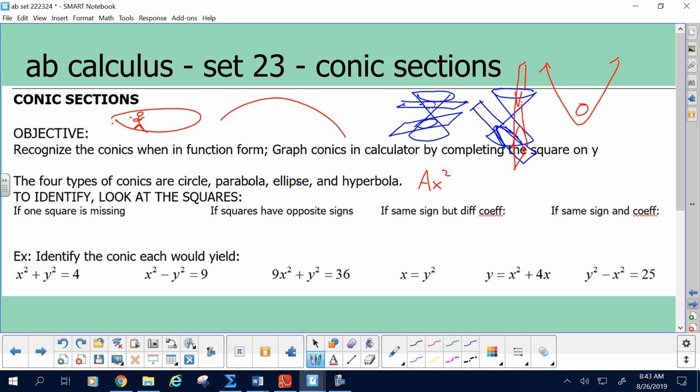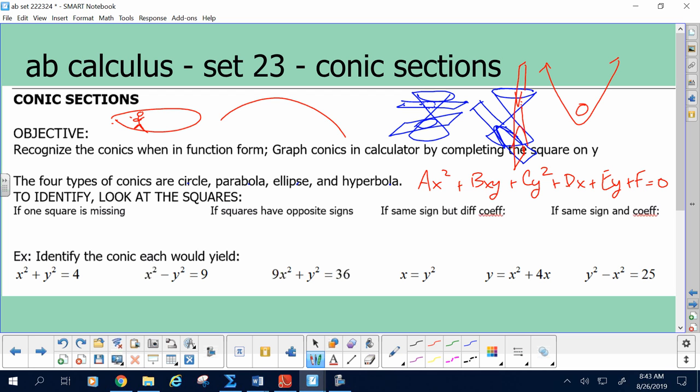General form for all is this. All conic sections use that same general equation, and based on A, B, C, D, E, and F, you get different types of graph and their signs.